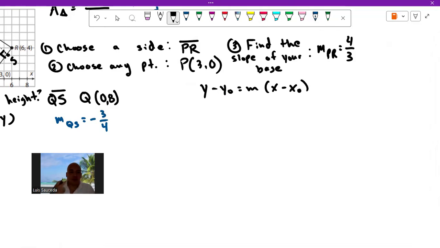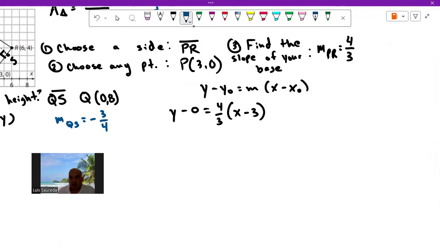We're going to have to set up two equations according to the information I already have. So for the first equation, because I have point P, I'm going to set up y minus 0 equals 4/3 times x minus 3. So that's my first equation.